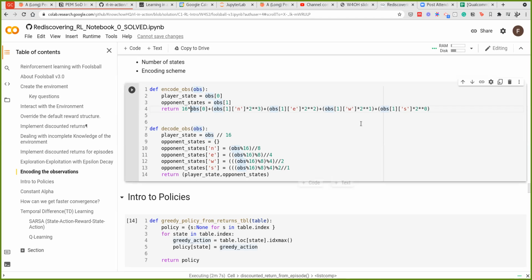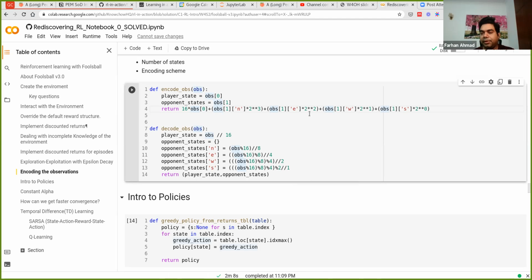Are you able to understand why we have 320 states? So the observation basically is a tuple. The first part is the state of the player, and this one is the configuration of the opponents, the presence or absence of the opponents in the four adjacent cells.